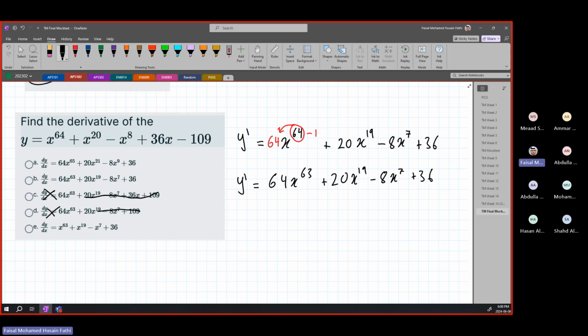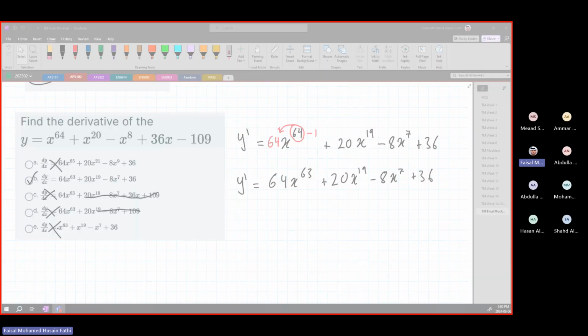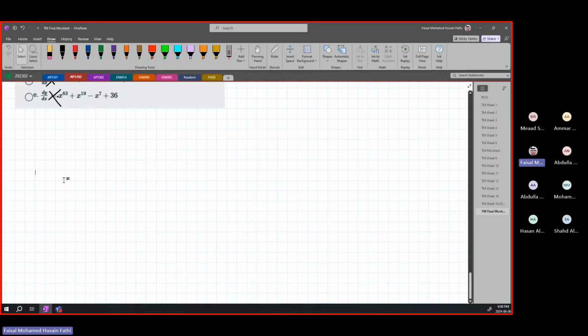Let's look at the first value. This is x power 63. This is wrong. So this is x power 65, which is also wrong. So this is our answer B. Very simple. It's simple differentiation. I'm pretty sure most of you are familiar with this. Let's look at the graph. Now, in this question, they are giving you a graph like this.